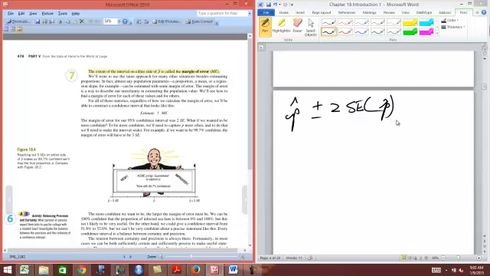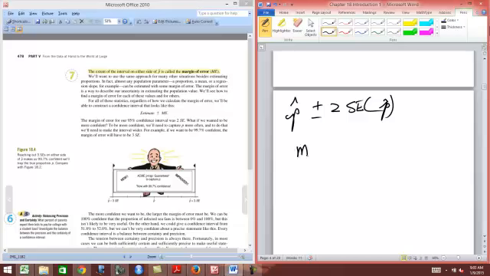The margin of error. What does the margin of error equal? Well, it's going to equal some number, let's call it n, number of standard errors.